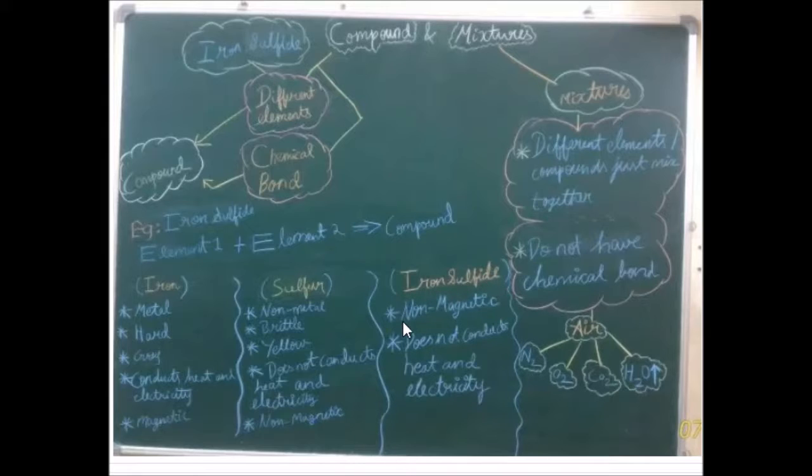Iron sulfide loses the properties of iron. For instance, it is non-magnetic, whereas iron is magnetic. Similarly, iron sulfide does not conduct heat and electricity, whereas iron conducts heat and electricity.